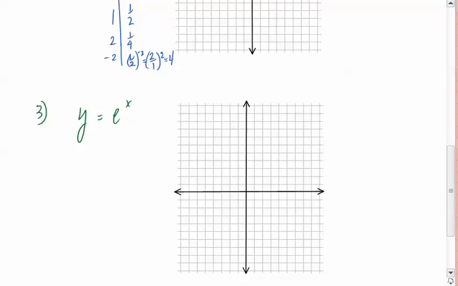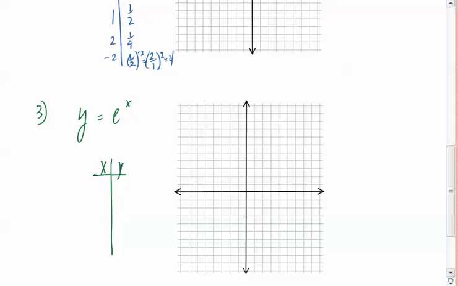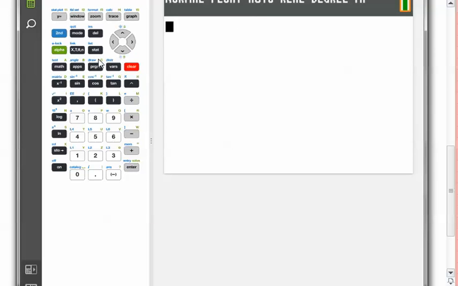So let's take a look at this now. If you get a graphing calculator, if you have one handy, and you look for the e, that's actually an irrational number. So hold on a minute, and I'm going to grab my calculator for you. Okay, so I find the e, and any scientific calculator will have this.